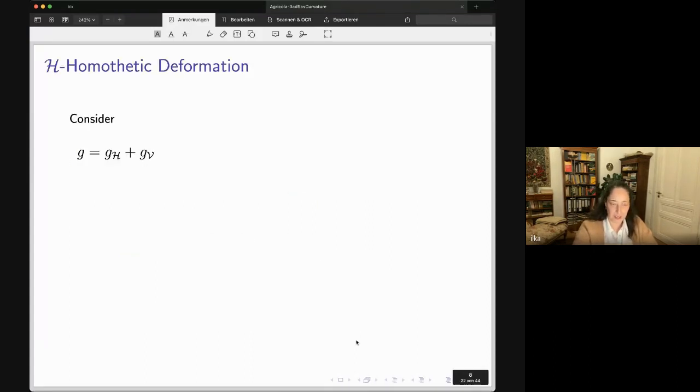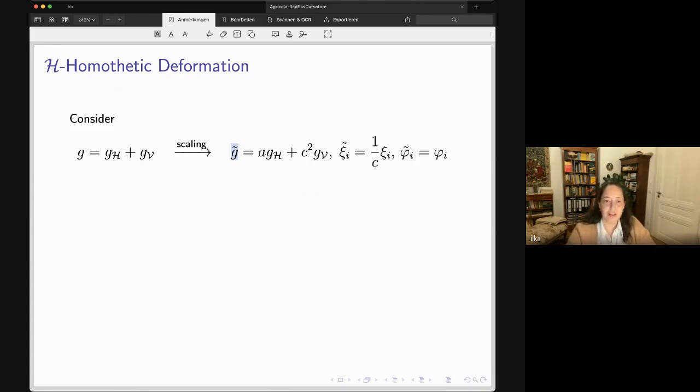Okay. So these metrics admit very nice deformations. We call them H-homothetic deformations because they are along the horizontal and vertical subspaces. So write down the metric like that, and rescale to a new metric with factors A and C squared. That's just notation. And take the new Reeb vector fields scaled with 1 over C, whereas the almost complex structure stays what it is.